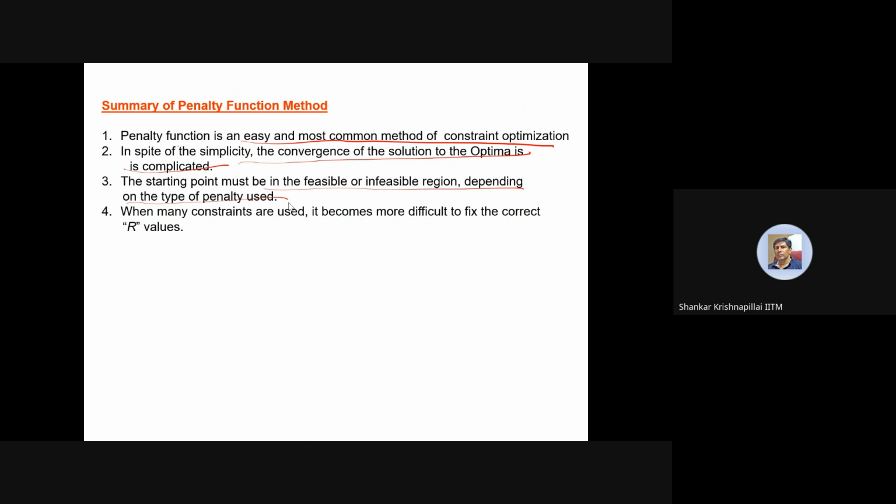So if the penalty used is an interior penalty function like log function, then starting point must be in the interior. And if the penalty uses an exterior one, starting point can be in the exterior. Okay. Then when many constraints are used, it becomes more difficult to fix the correct R values. Okay, then R1 will be increasing and R2 will be decreasing. So you have to simultaneously try various combinations of R1 and R2.